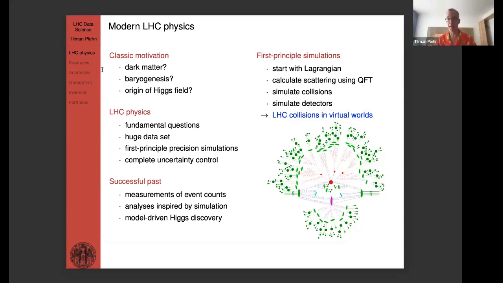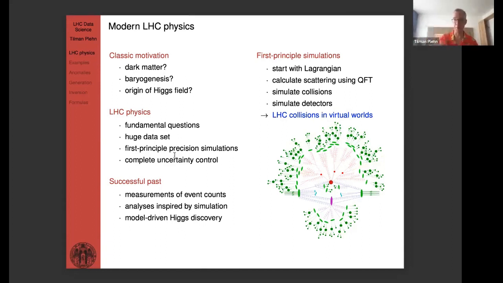These are collisions in a virtual world, and that virtual world is described by the Lagrangian. I'm currently teaching first-year students: we write down the Lagrangian, which defines our virtual world, and then we generate 100 million LHC events or something like that. This is why I like LHC physics, because we can do that.